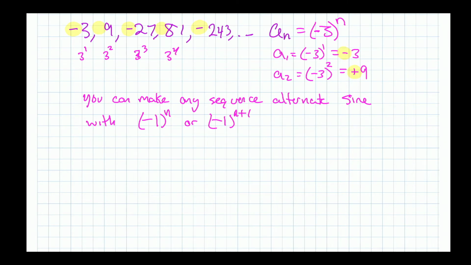What if I have, let's see, 1, -4, +9, -16, 25, -36, ...? We already know how to do the basic pattern there in terms of the 1, 4, 9, 16, 25, 36, right?